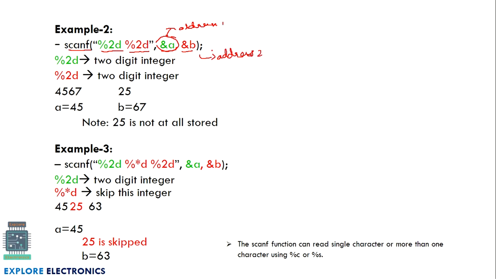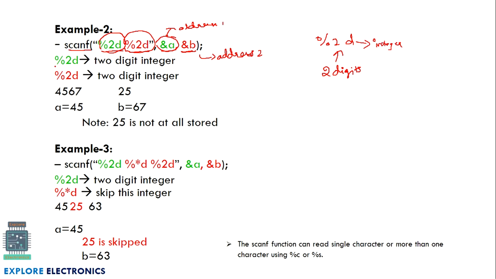That is nothing but 2 variables into which the data will be taken, and here we are specifying in what format the data should be. Here we have written %2d, where 2 specifies that it should be 2 digits and d specifies it should be an integer.